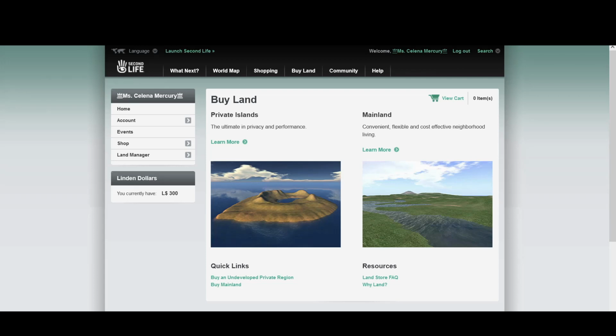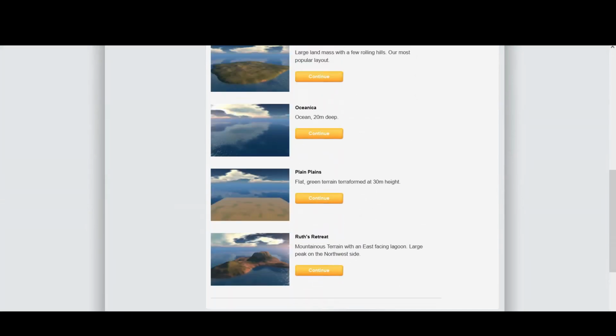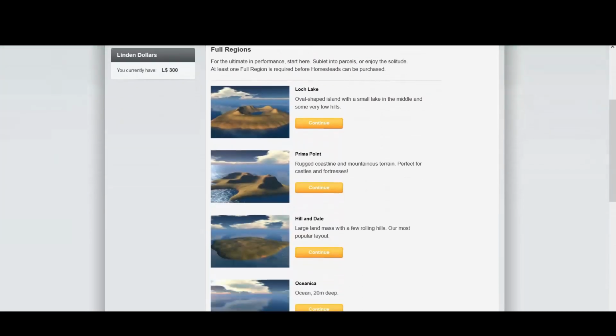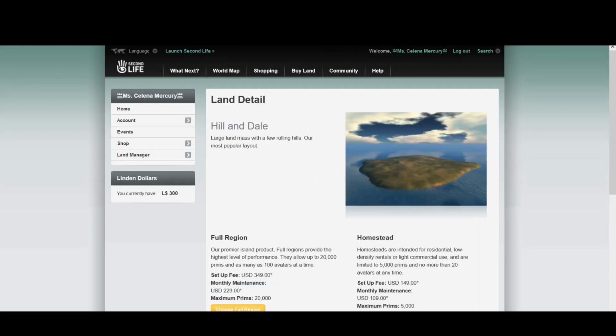You're going to buy an undeveloped private region, and all you have to do is click one of the ones that you want, and it'll take you through all of the steps to buying another home for yourself.